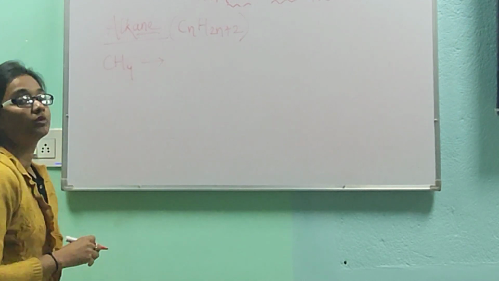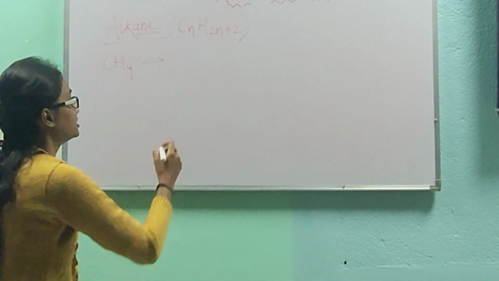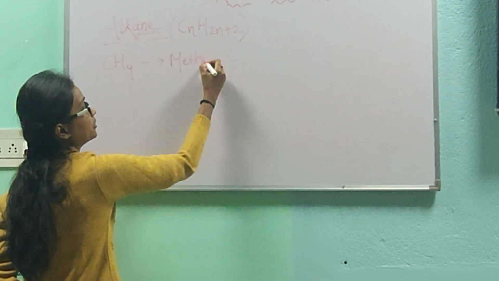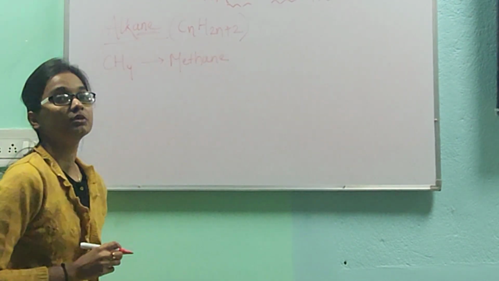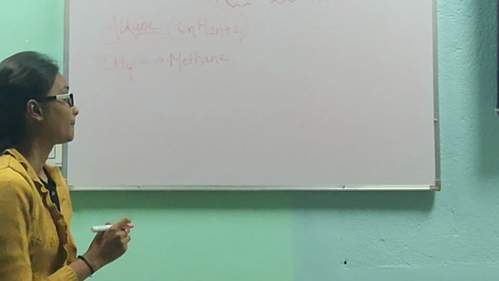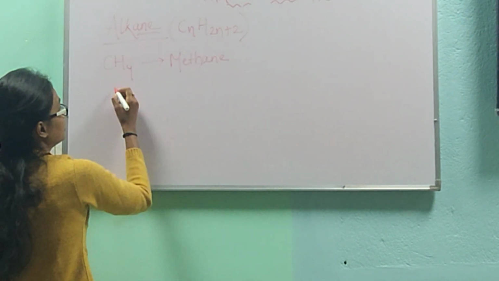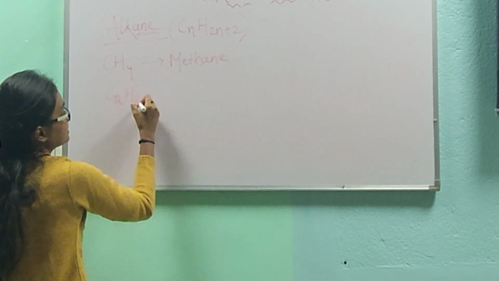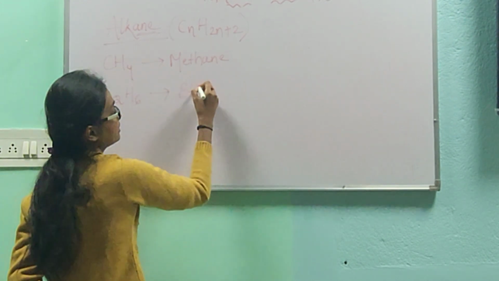As we know, for one carbon atom the root word is meth, and for all alkanes the suffix is ane. So CH4 is named methane. When we put the value of n as 2, C2H6, it will be ethane.